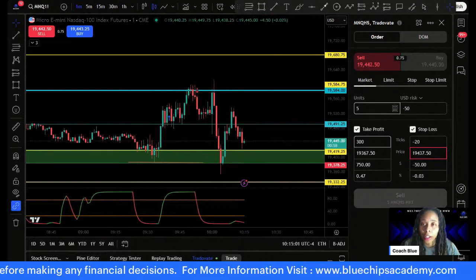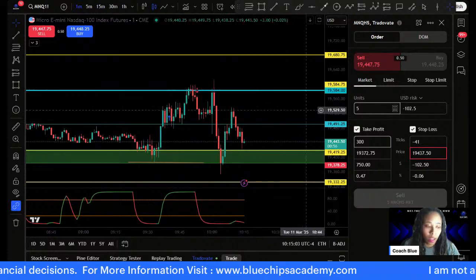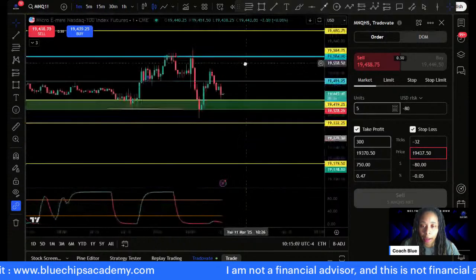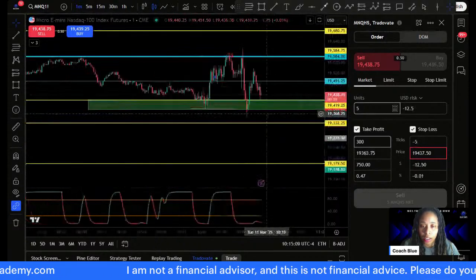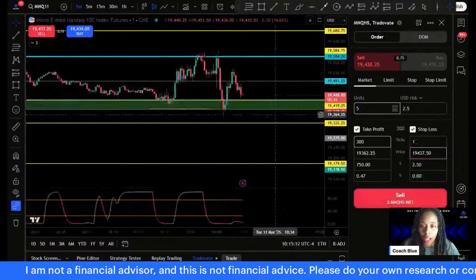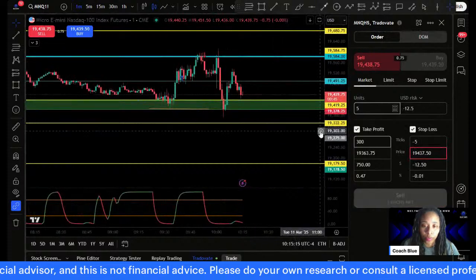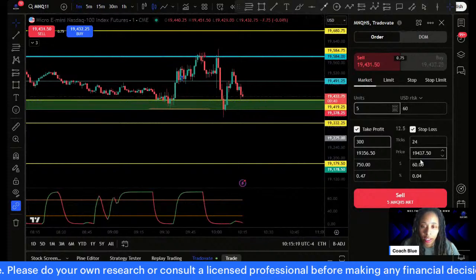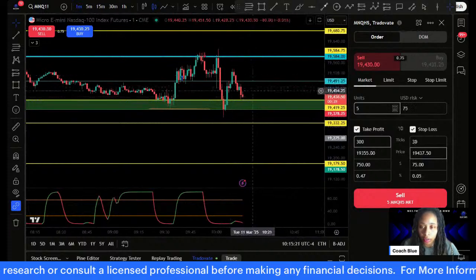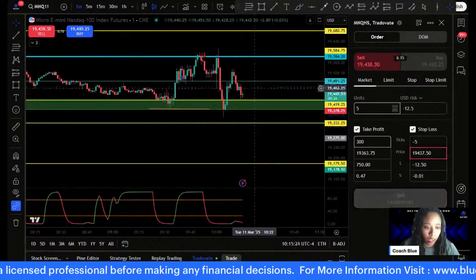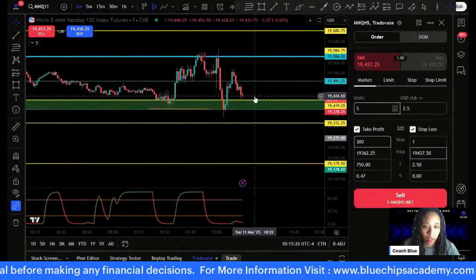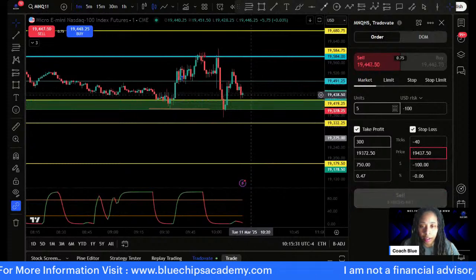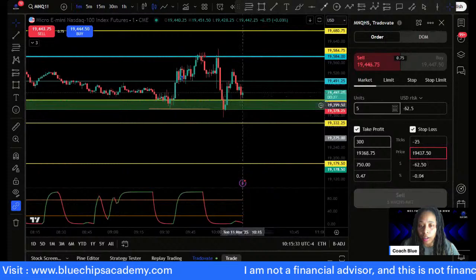Okay, so it's 10:15. We'll give it another 10 to 15 minutes and see what happens. 1437 was the potential sell stop loss for the sale, which is about in this area right here.